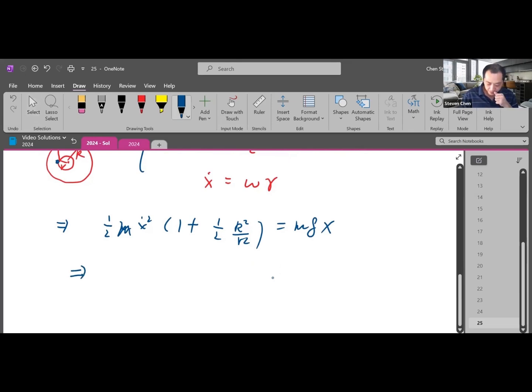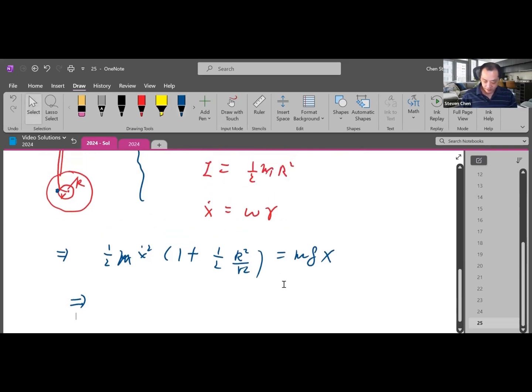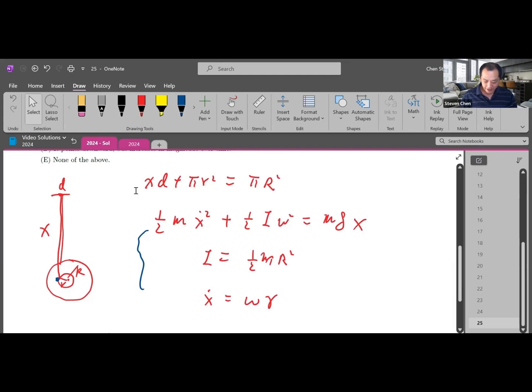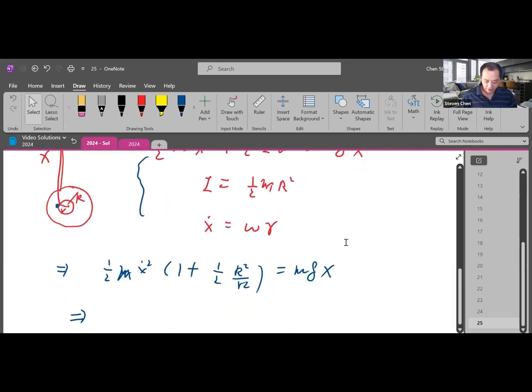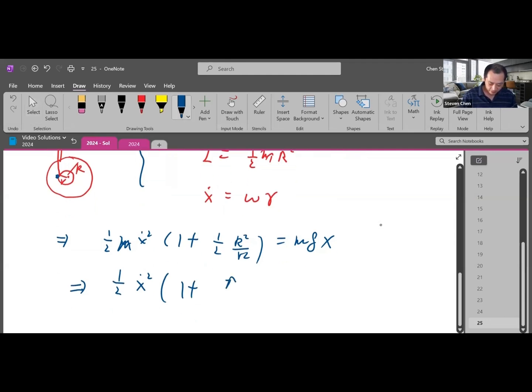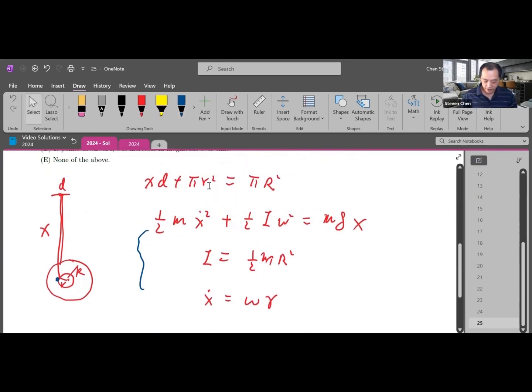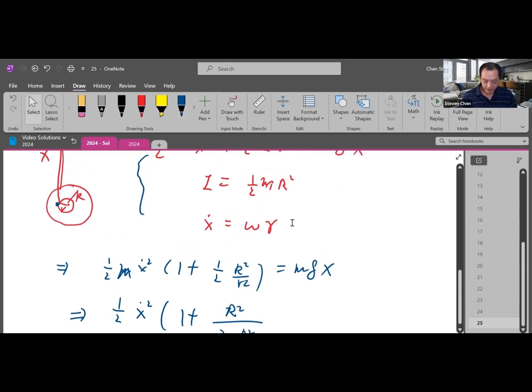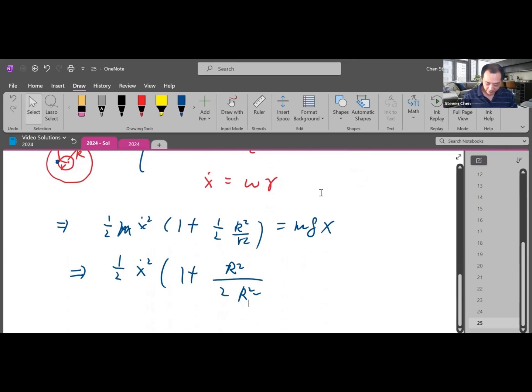And for this one, we also recall that r squared can be obtained by applying the first equation. So let's plug it here. For this one, we will divide both sides by m. We get a half of x dot squared, 1 plus small r squared, is equal to big R squared minus xd divided by pi.